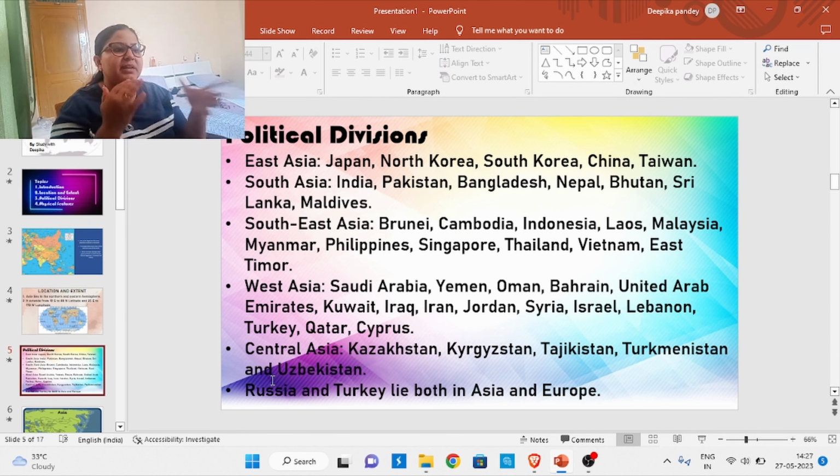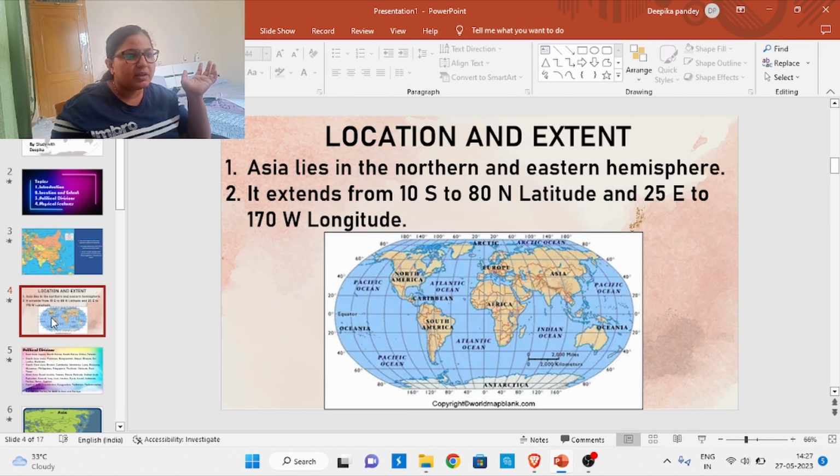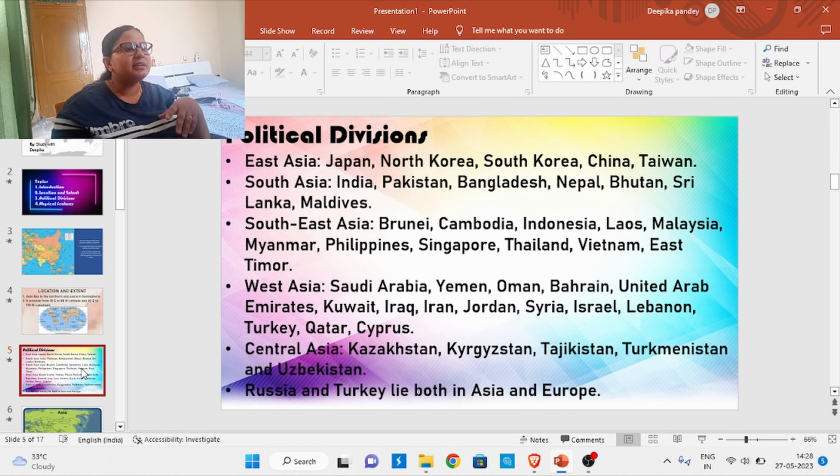Basically what we know, which is on our tongue, is the country of Russia and Turkey. Other than this, we have Azerbaijan also, which lies partly in both places. Because the land mass of Europe and Asia is the same, so these are some countries which lie in both the parts. Okay, now let's see some parts like East Asia.